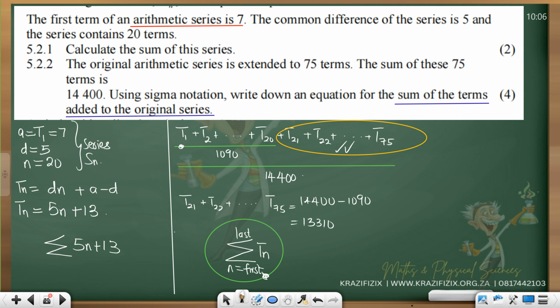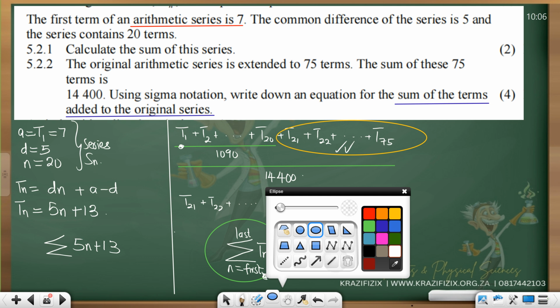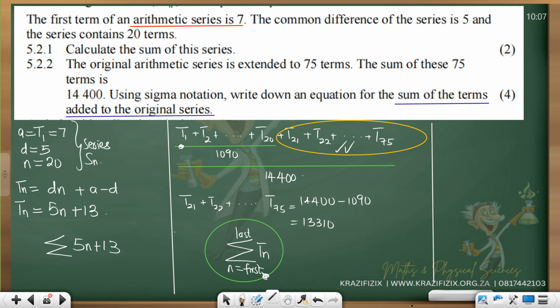Yeah, it's fine. So it would be what? T21. Let me write my answer here for you. I am starting from T21, from position 21 to the last position. And what do I have as my Tn? 5n plus 13. Done. Oh, no, not done.